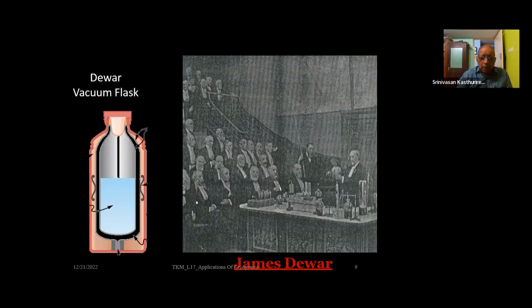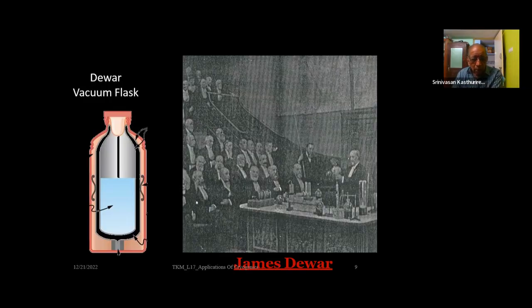The evaporation rate was reduced approximately 30 times. So you will be able to see a good amount of cryogen stored in this thermos container, in this flask. You call this the Dewar vacuum flask. Please remember that's the name you give for this.